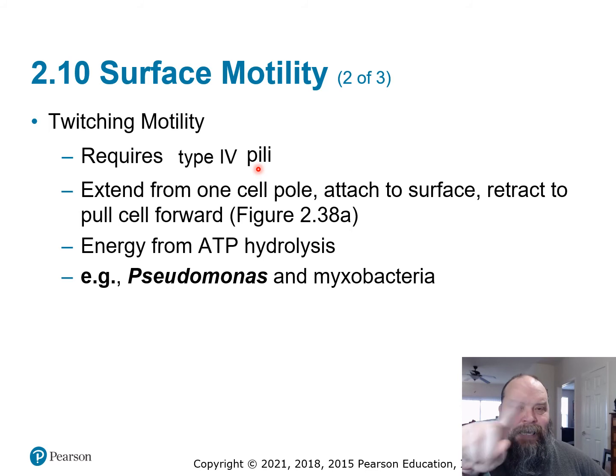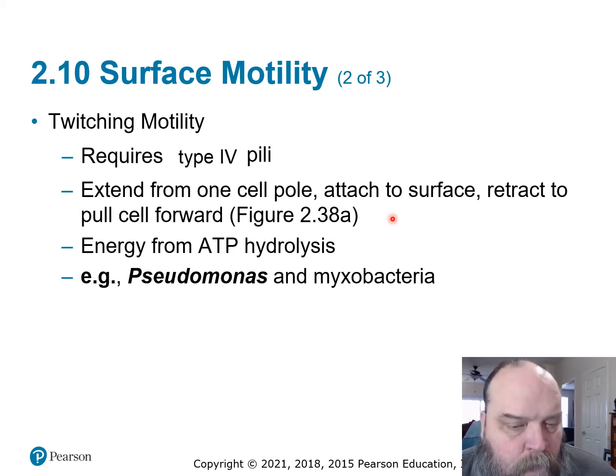Not the spinning like we talked about with flagella, but there's a little bit of a lateral waggle. They extend from one cell, attach to a surface, and then are retracted back into the cell. So that waggle and then pull back in allows them to pull the cell across the surface.